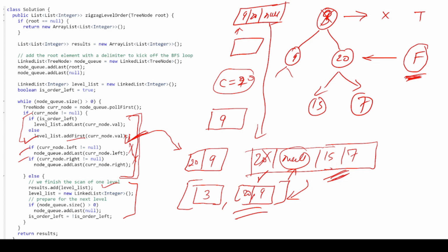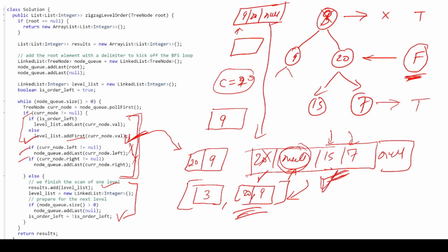Okay, now similarly we'll move here, then we will add here. Once our null is completed, we will add onto the result. As you can see, if the queue is not empty, we will add one more null here. Now we are going this way, so it becomes true.